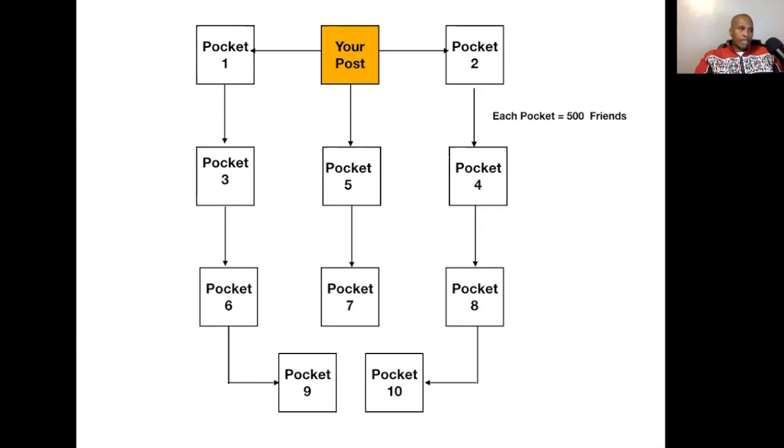However, let's say they show it to pocket number 3, and pocket number 3 does not engage on it. That means they wouldn't go further and show it to the rest. Why? Because according to the algorithm, it means that people are not enjoying your stuff. So they shouldn't show it to people, and therefore you'll see one post getting 500 reactions, and another getting 2, and another getting 3.